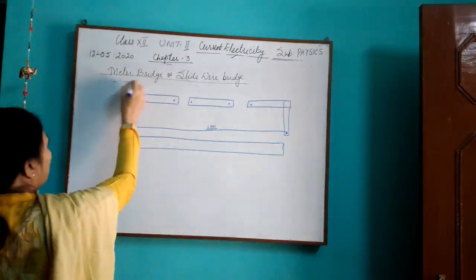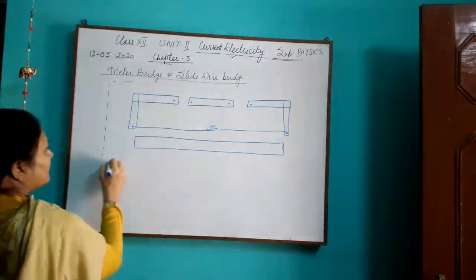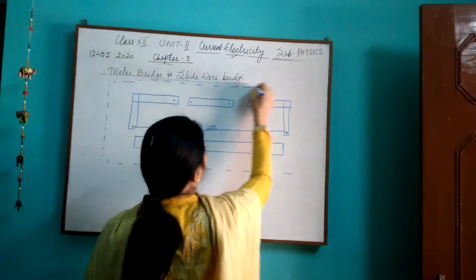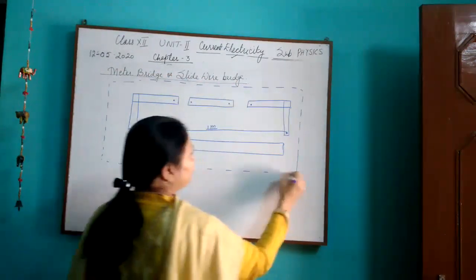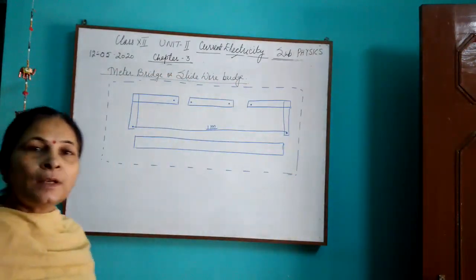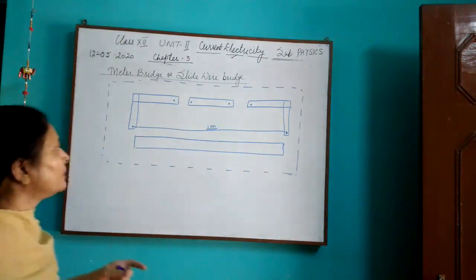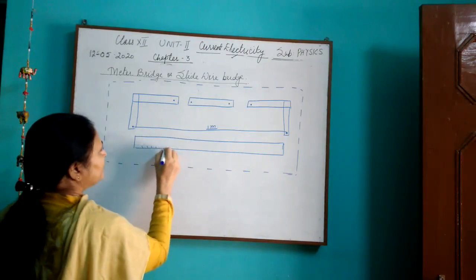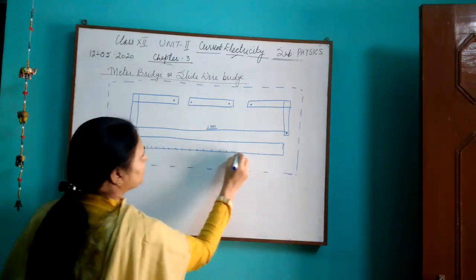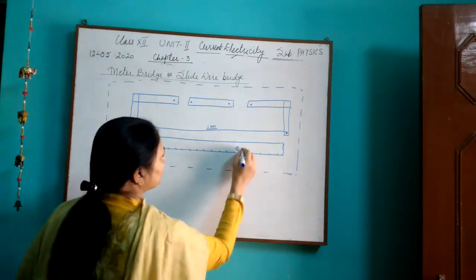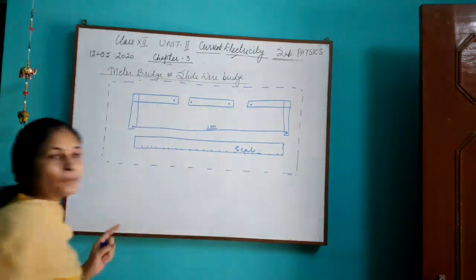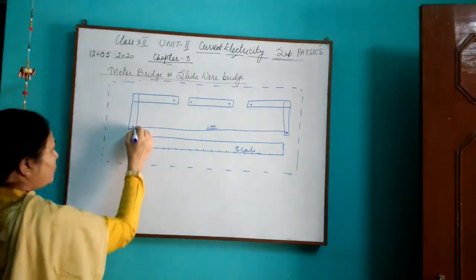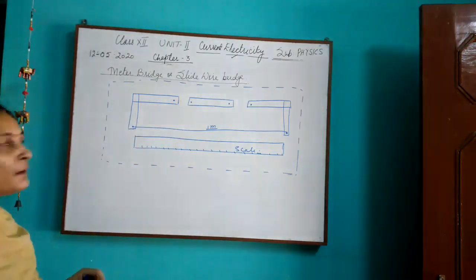This whole arrangement is on a wooden board. So this is the 1 meter wire, this is a scale. Now, what is the connection? Where are the 4 arms you have to check?